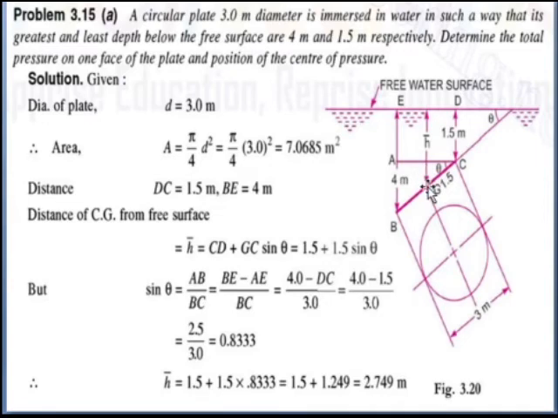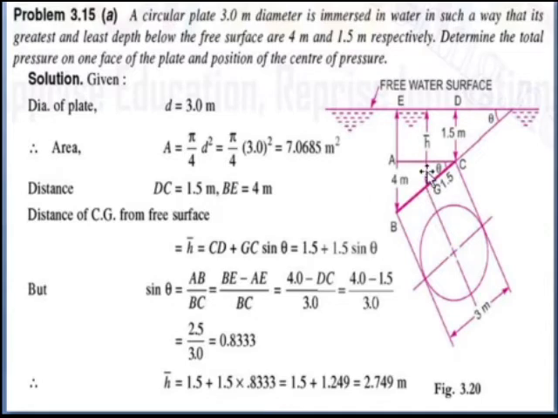So the value of h bar, which means the distance of center of gravity from the free surface of the liquid, is calculated by CD plus GC sin theta. Again consider this triangle. Up to DC we already know the value, it is 1.5, but we don't know the value of this distance.